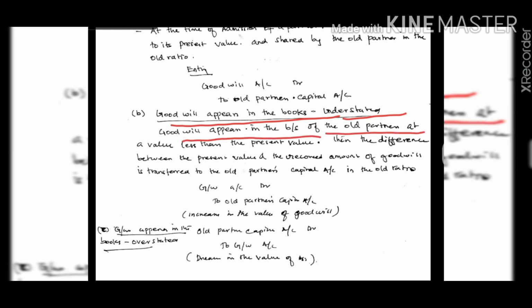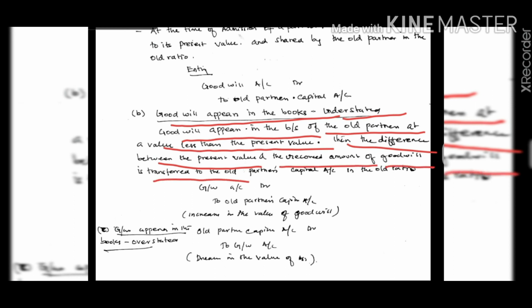Then the difference between the present value and unrecorded amount of goodwill is transferred to the old partner's capital account in the old ratio, that is goodwill account debit to old partner's capital account in case of increase in the value of goodwill. If it is in case of decrease, reverse entry, old partner's capital account debit to goodwill account. So goodwill appears in the books. If it is overstated, the second entry must be passed.